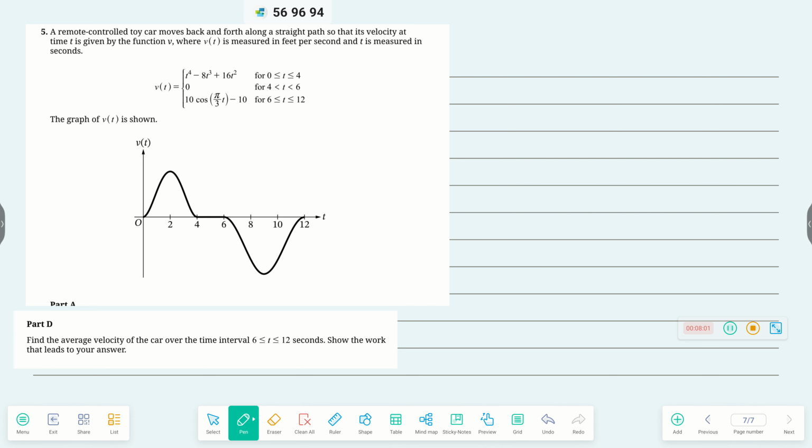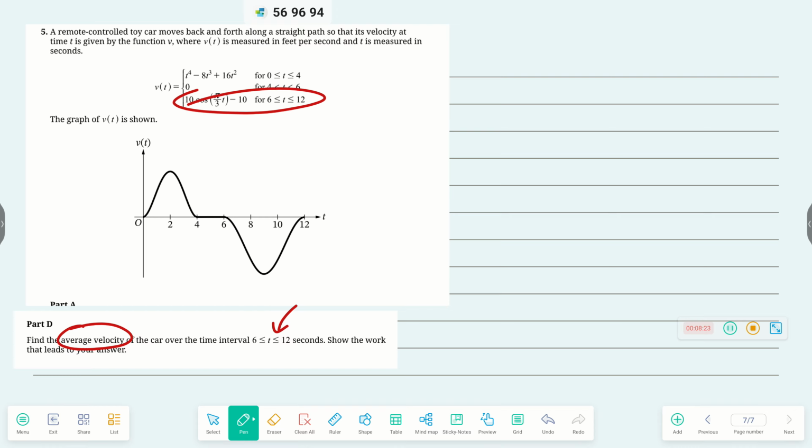Average velocity. Okay. One thing that's easy to confuse if you're not careful is average rate of change versus average value of a function. It was asking for the average velocity, and that is what I have access to right here. So for the first time, we're actually going to use this part here.